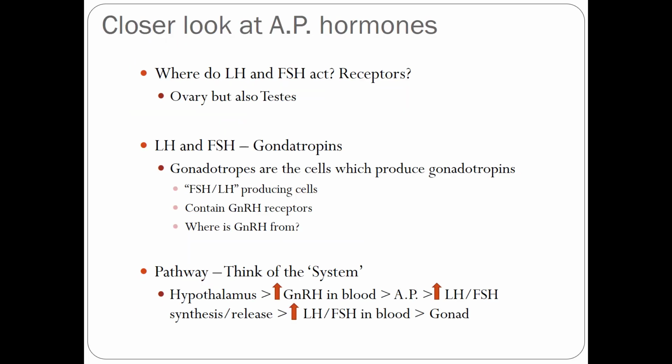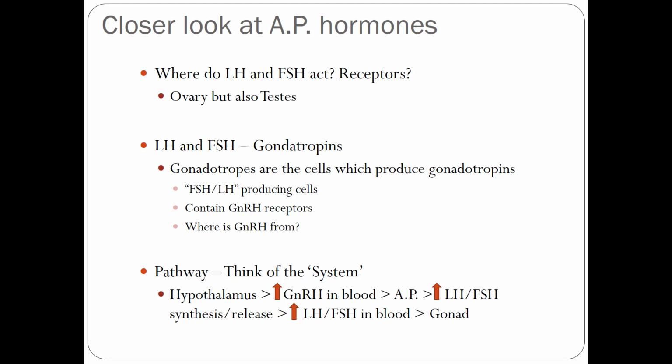As we look closer at the hormones produced in the anterior pituitary, for the most part those are going to be our gonadotrope hormones, LH and FSH. LH and FSH are synthesized and secreted in the anterior pituitary lobe, but they have receptors on the ovarian tissue and in the testes.